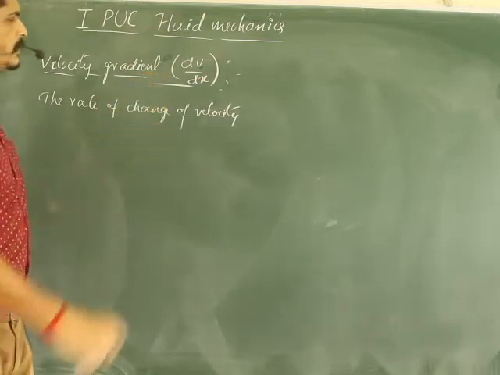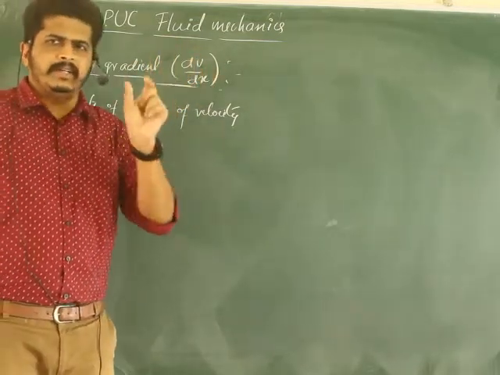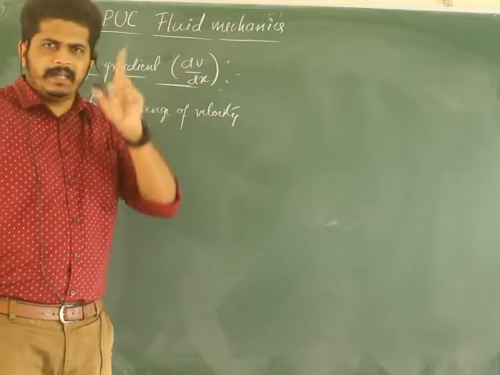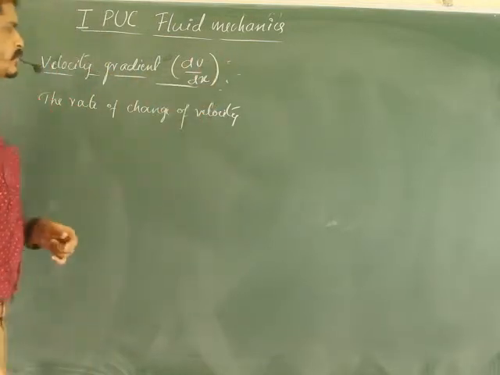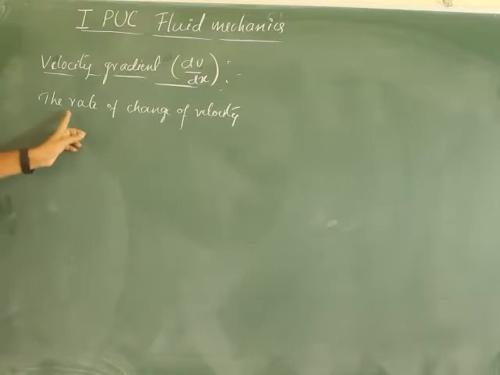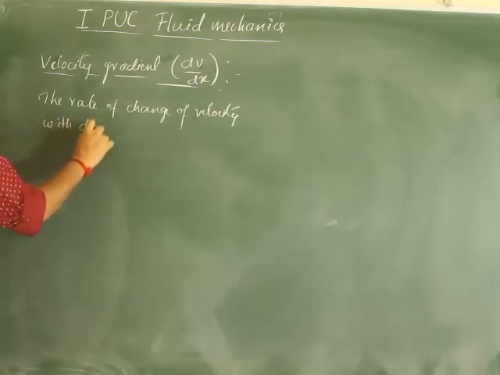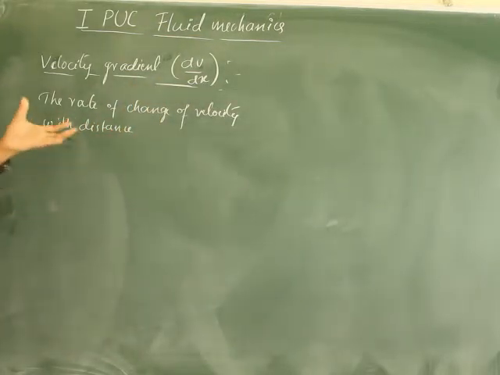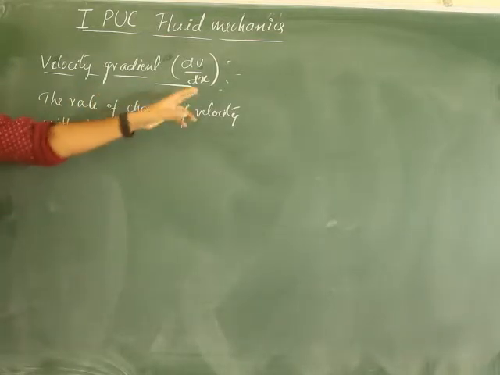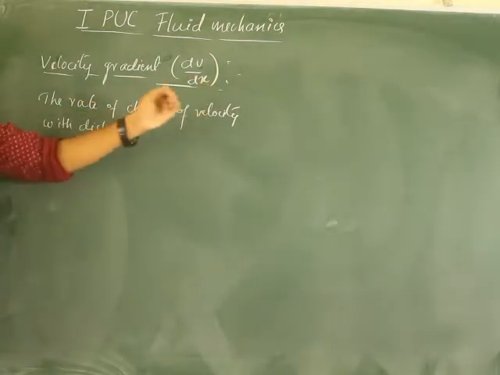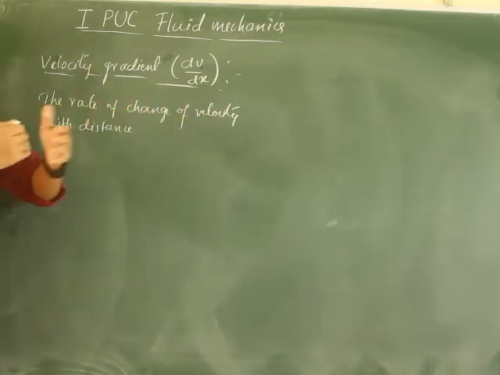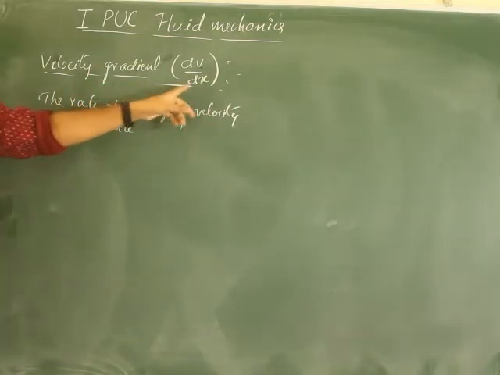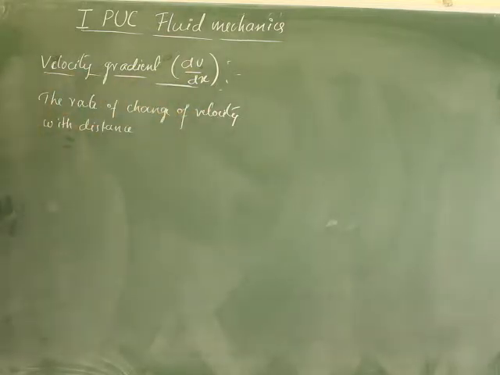That means a small amount, delta v or dv, as we usually use in science. And x means the separation or distance; dx means a little amount of distance.